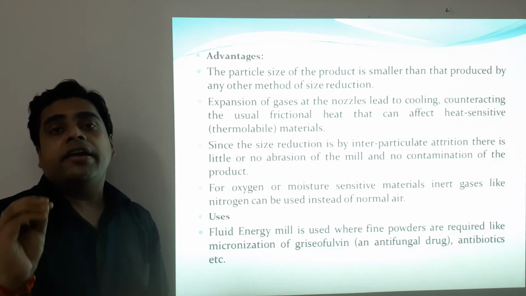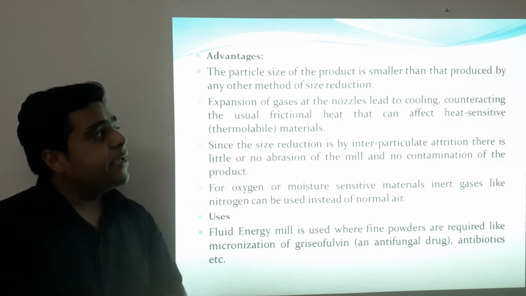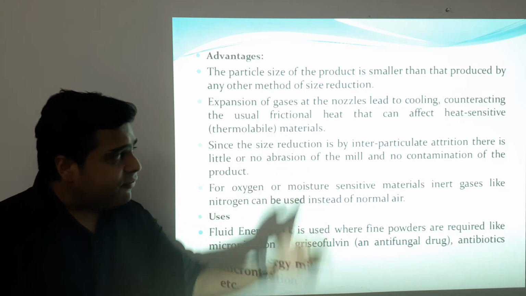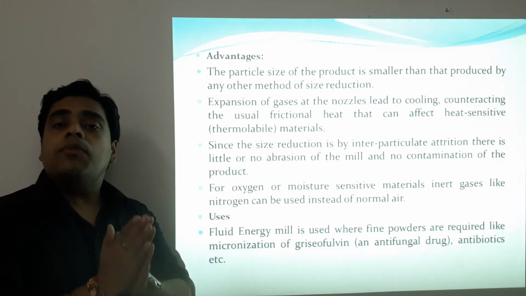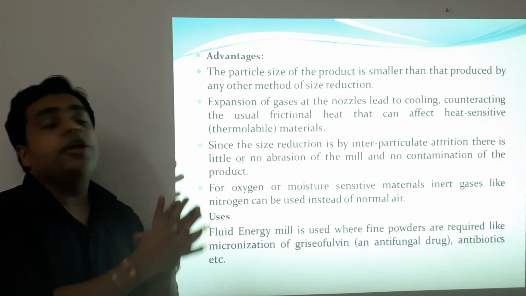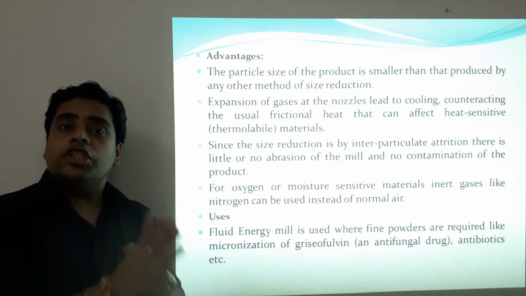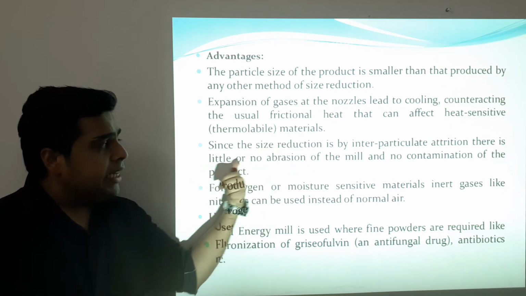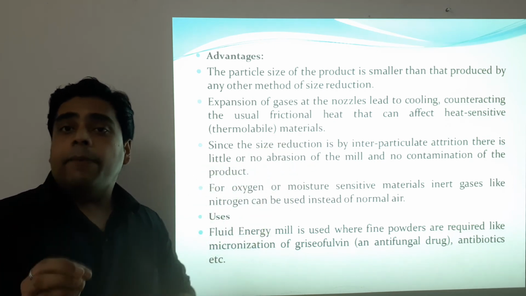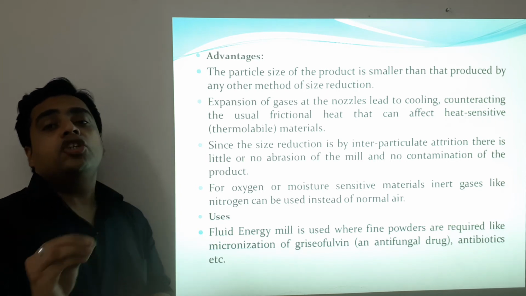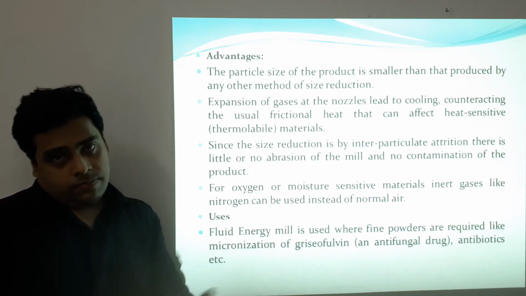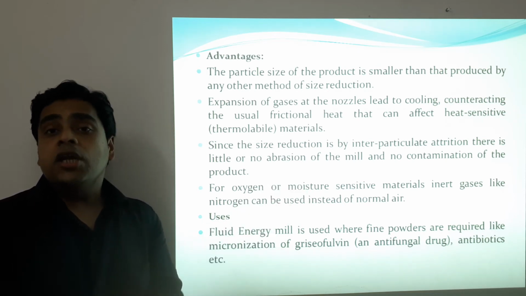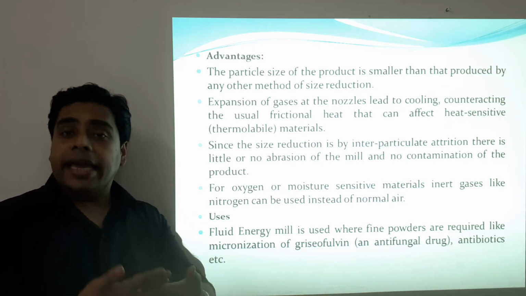Expansion of gases at the nozzles leads to cooling, counteracting the usual frictional heat effect on heat sensitive materials. So for thermolabile products, we can successfully use this type of size reduction machine. Since size reduction is by interparticulate attrition, there is little or no abrasion of the mill and no contamination of the product. Even for oxygen sensitive and moisture sensitive products, we can use inert gases like nitrogen in place of air.